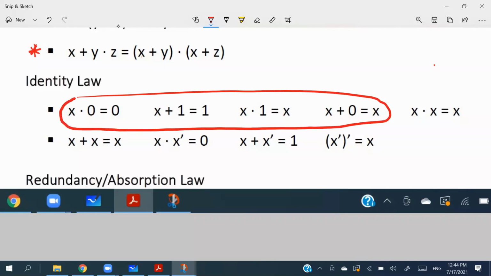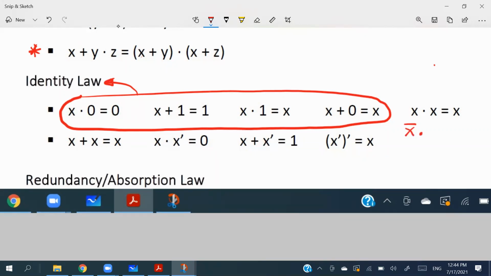Now these four only represent the identity laws. And they later introduce these type of things.